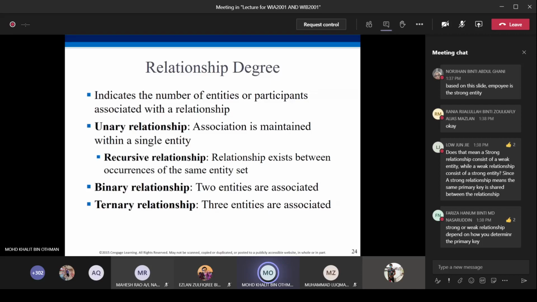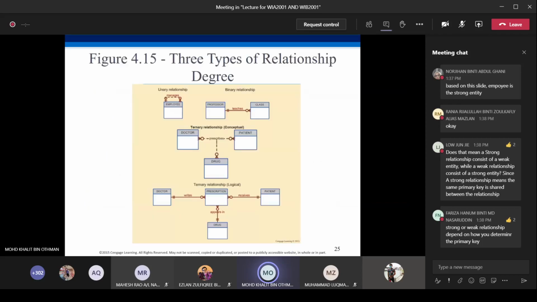And then we will look at examples of unary, binary, and ternary relationships in this slide. We have figure 4.15 with three types of relationship degrees.